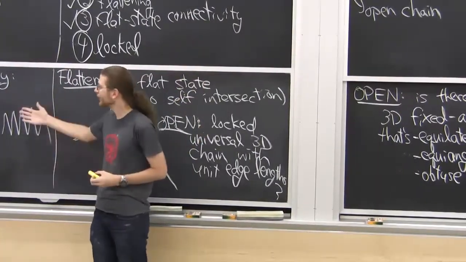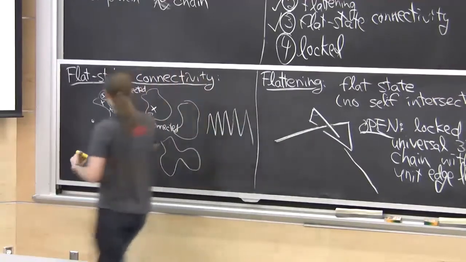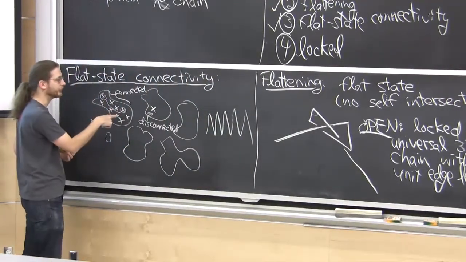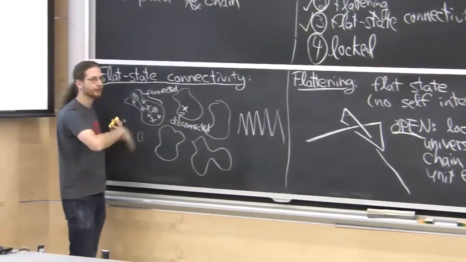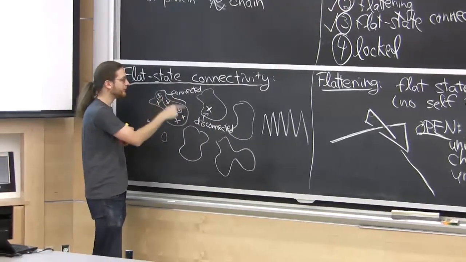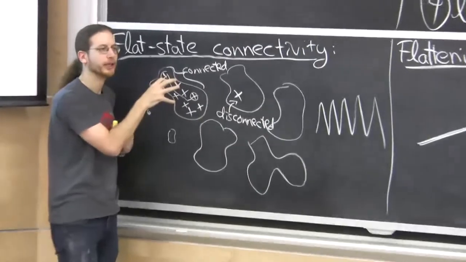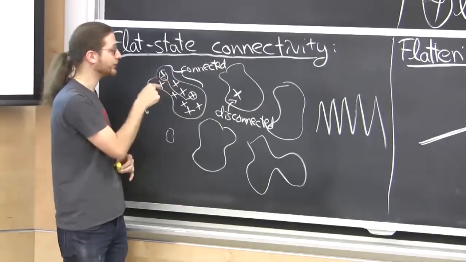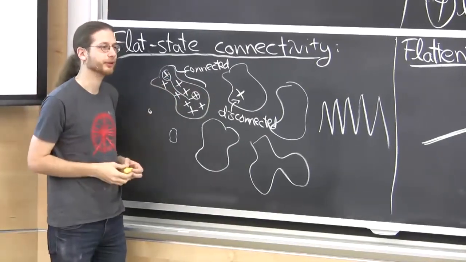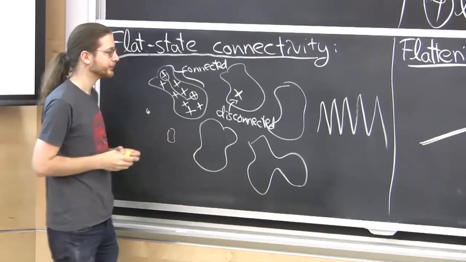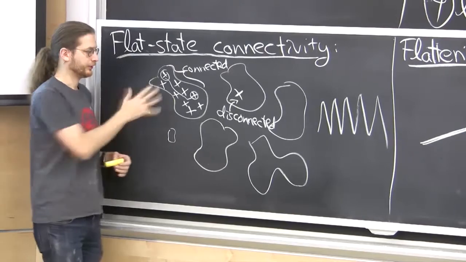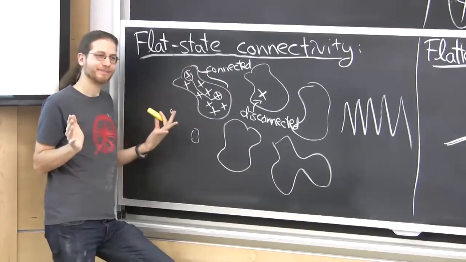So it would be very hard, even if you know you only need to fold something in your component. If these components are highly disconnected and flat states are all over the place, even within this connected component it looks really ugly, and it's very hard to find a path from one state to another. Probably PSPACE-complete, although we don't know that for sure. But that's the intuition: locked equals messy.